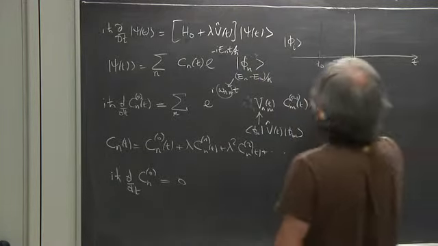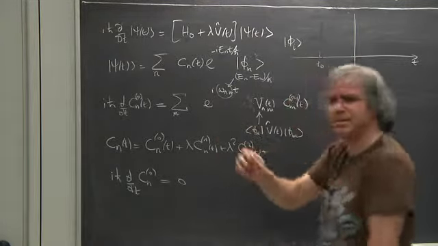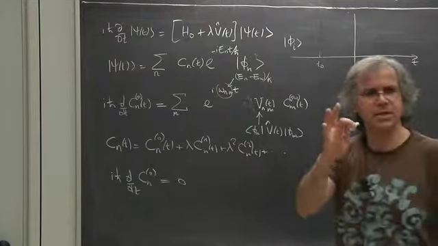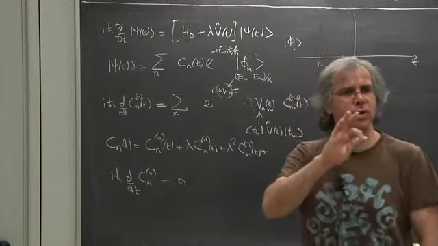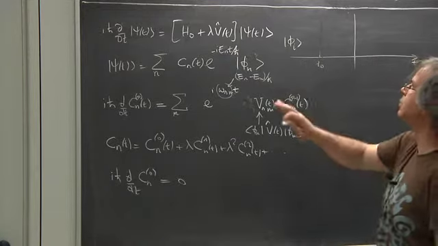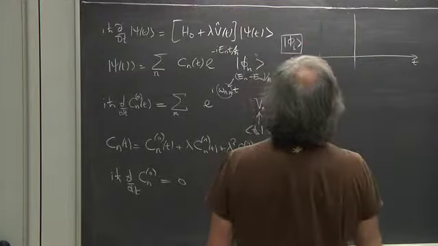Okay. Now this t0 sometimes is 0, sometimes is minus infinity. It doesn't matter. It's just a fixed reference time before which you essentially know the state of the system to be just, for instance, a single eigenstate of the Hamiltonian.